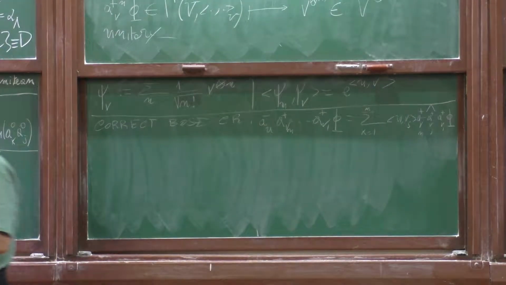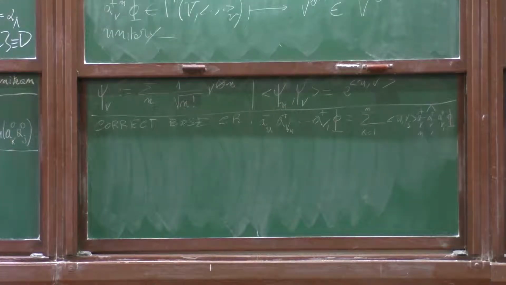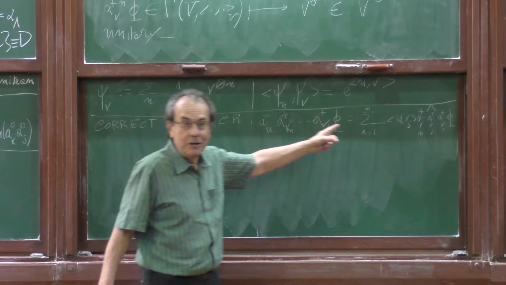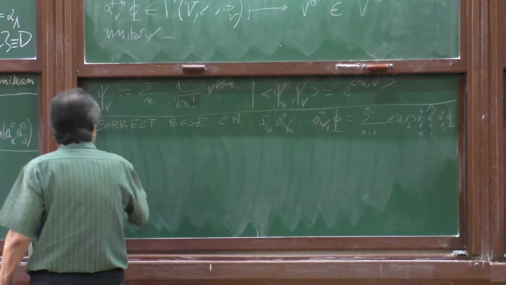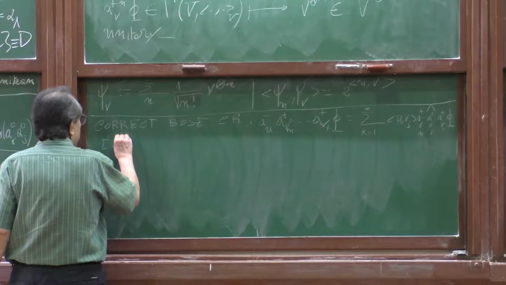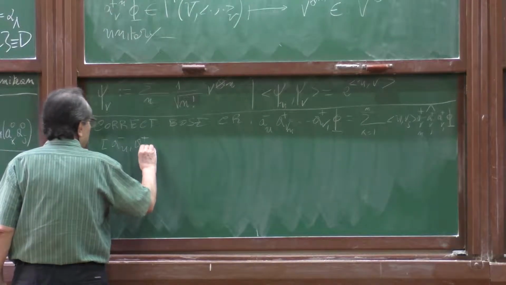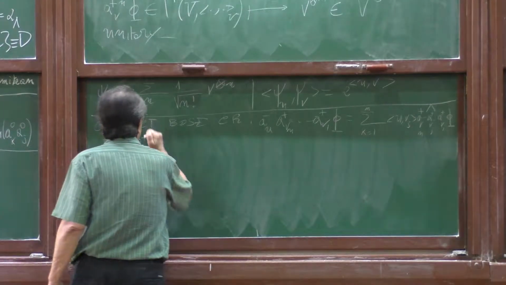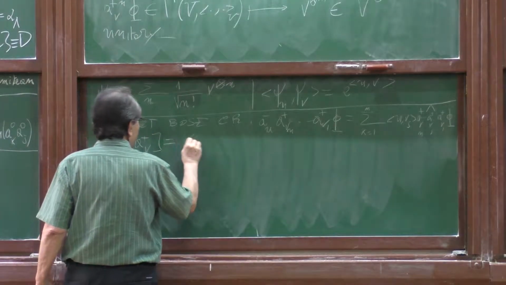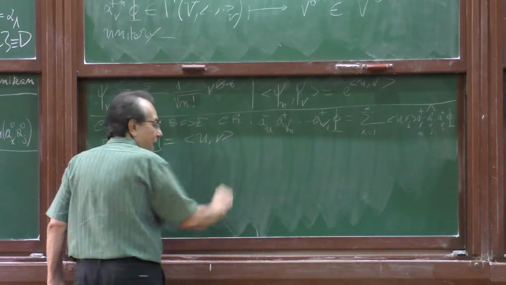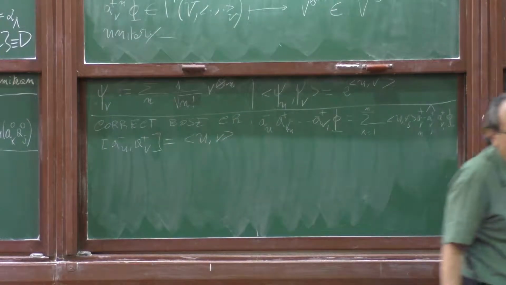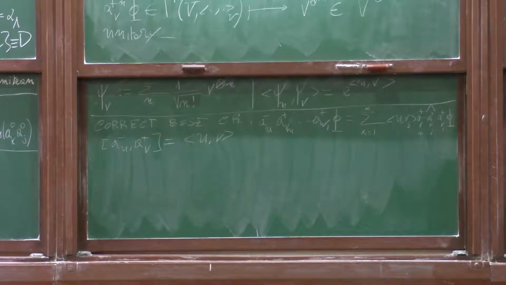Then it's a very elementary calculation that you can do very easily, and you find that with this definition of annihilator, then you get, as it is expected from the standard theory.